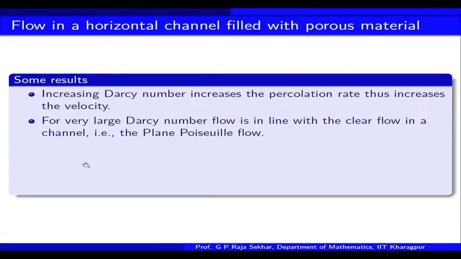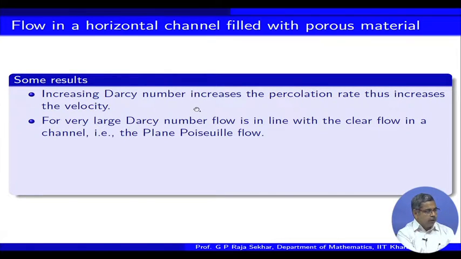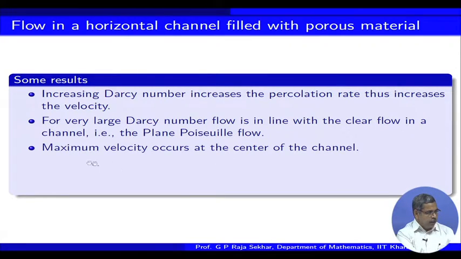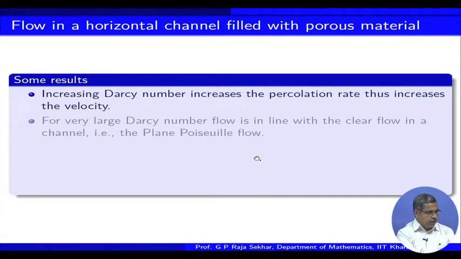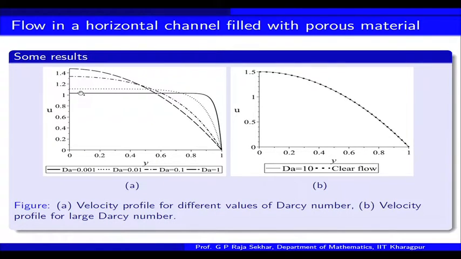So, quick inferences, already we discussed. Increasing Darcy number increases the percolation rate, thus increases the velocity, which we have already seen. And for very large Darcy number, flow is in line with the clear flow. Maximum velocity occurs at the center of the channel, because the boundary viscous effects are less towards the center.